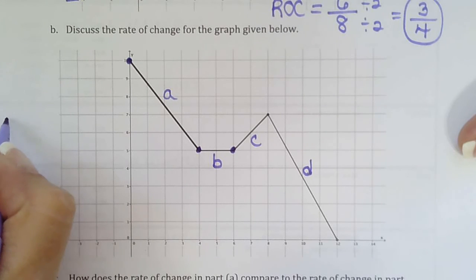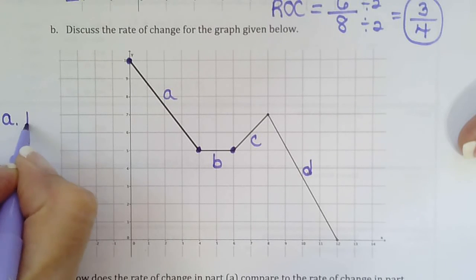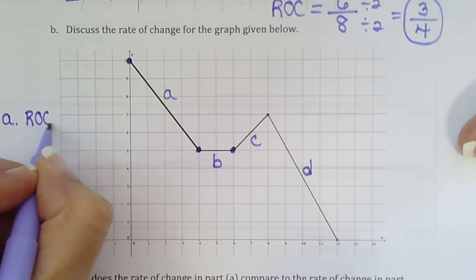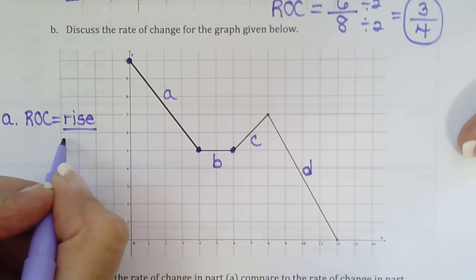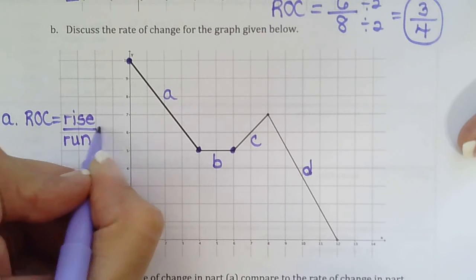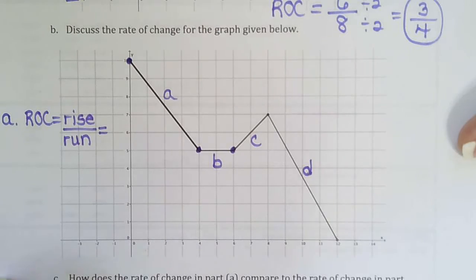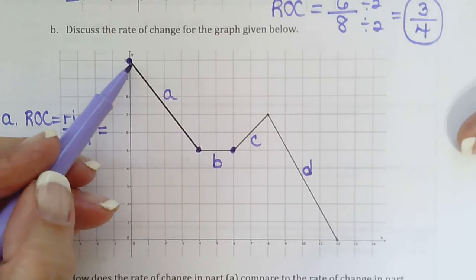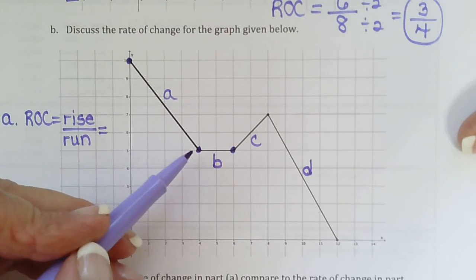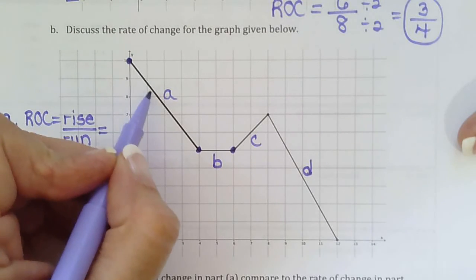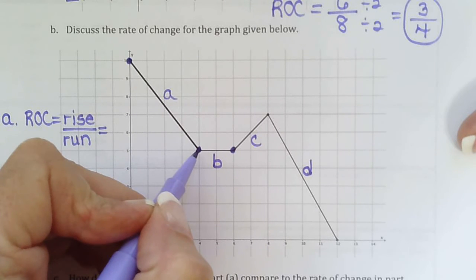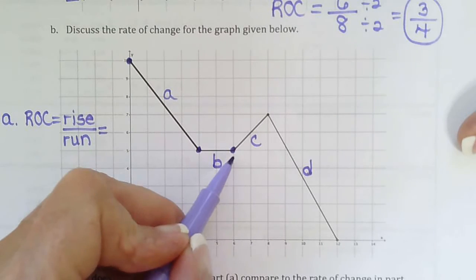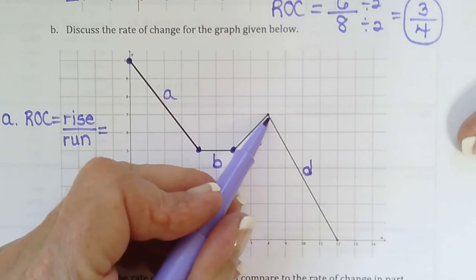So rate of change for A, rise over run. We always start with the left-hand point and travel to the right. Remember how we learned in Module 6, when the line falls from left to right, it's going to have a negative slope. When it rises from left to right, it's going to have a positive slope.